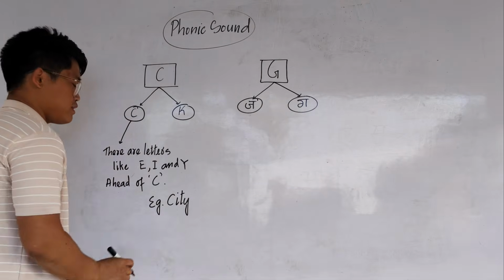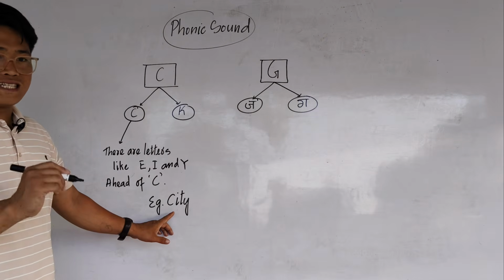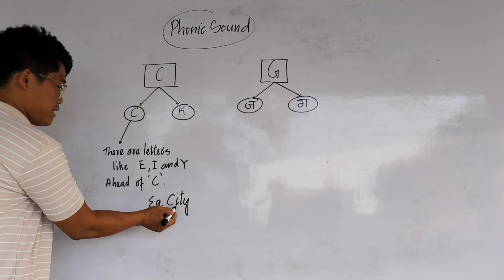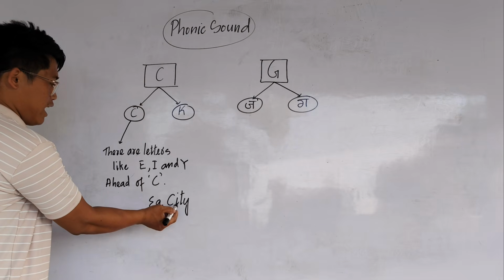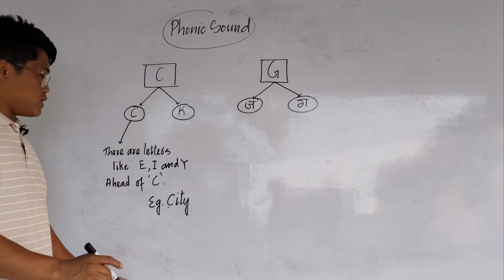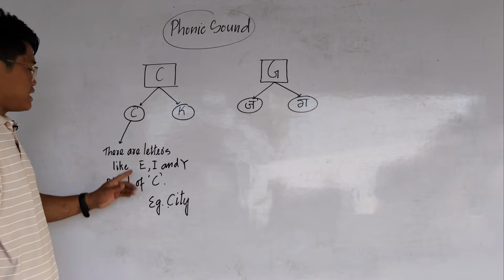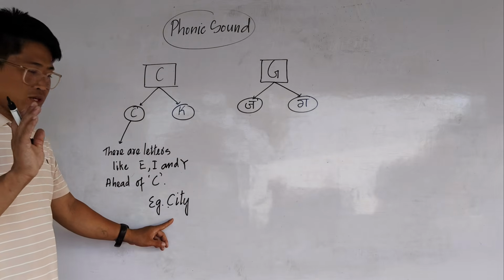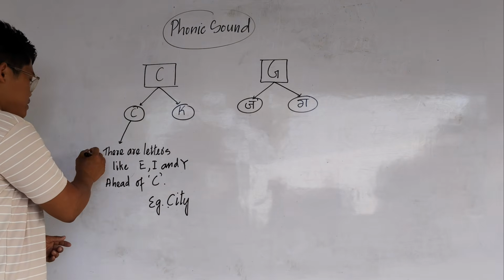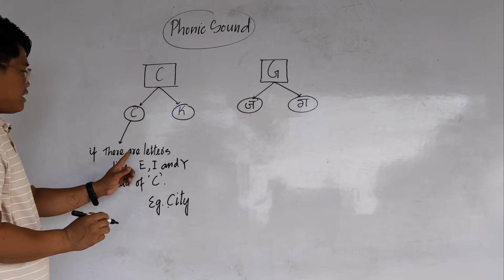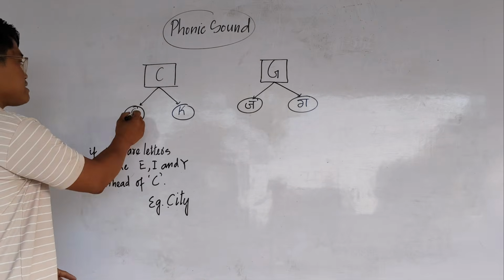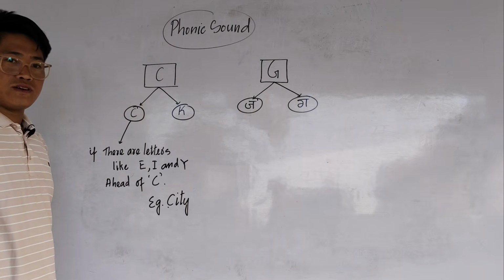City. How do you pronounce this? City. So Ci, the I comes after C. That is the reason why we pronounce it city. Are you clear? If there are letters like E, I and Y after C, we pronounce this as C itself.